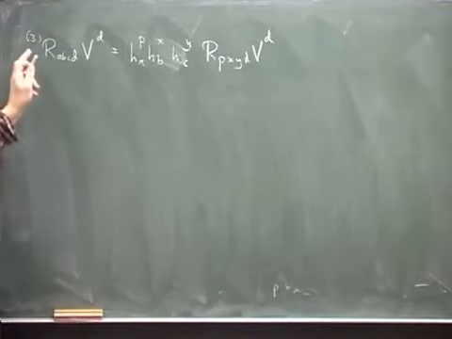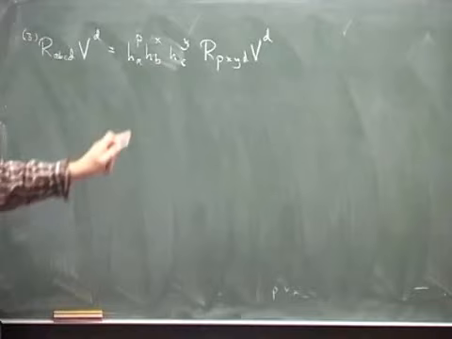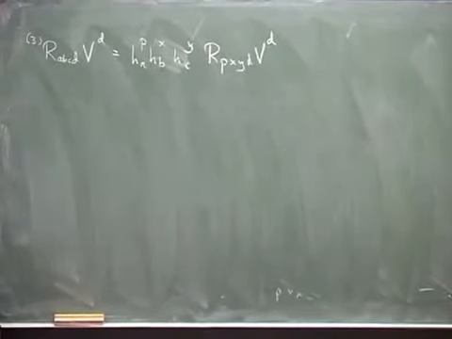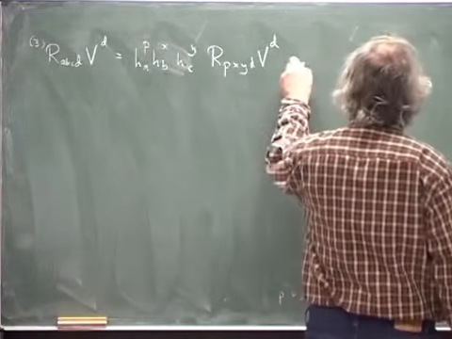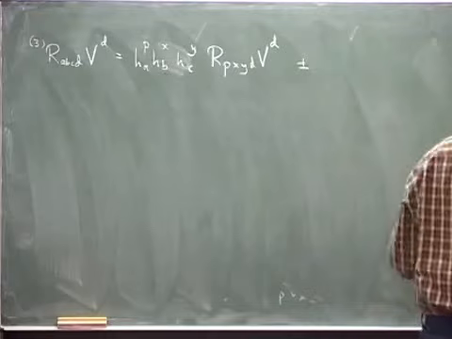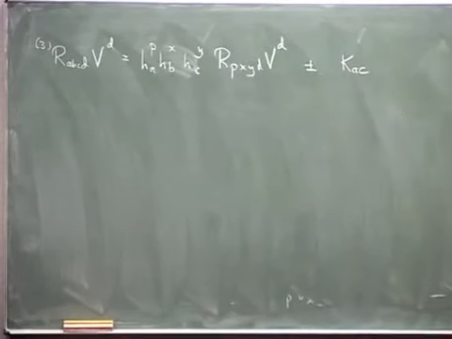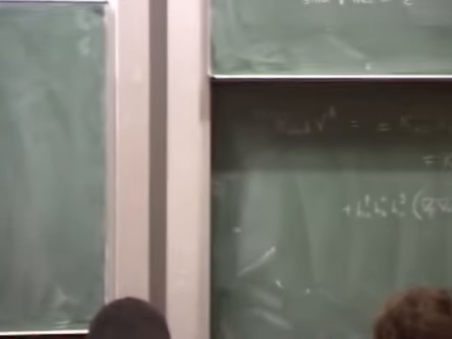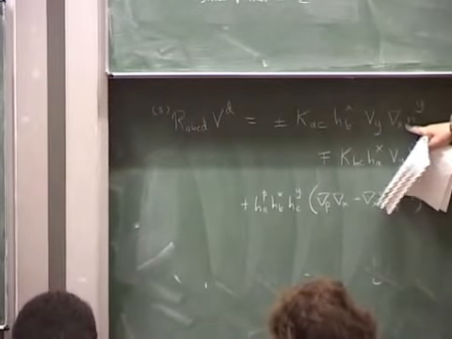In other words, this term looks like the three-dimensional Riemann tensor is more or less the same thing as the projection of the four-dimensional Riemann tensor into the surface. But there are some correction terms. Plus or minus K_ac, and then this collection of stuff. That is, to all intents and purposes, the second fundamental form again.